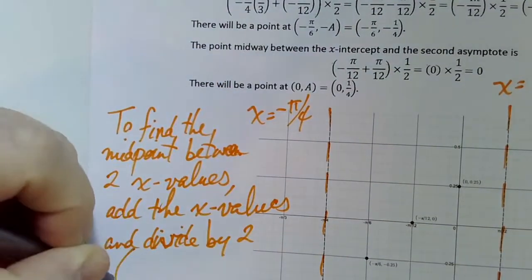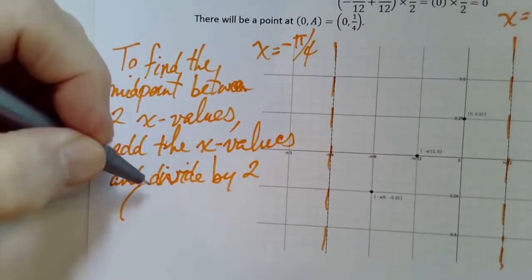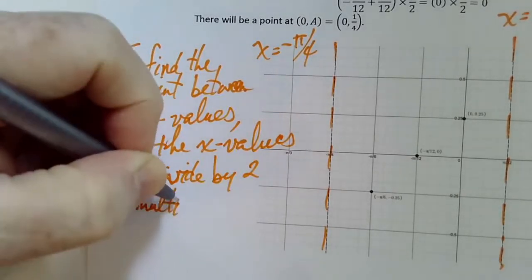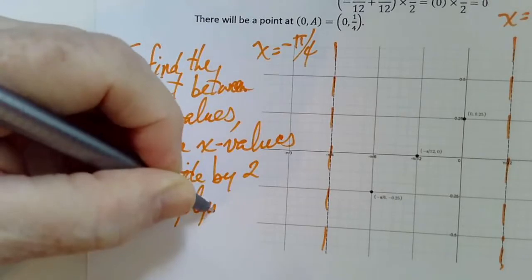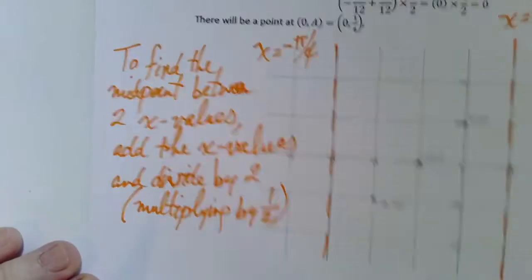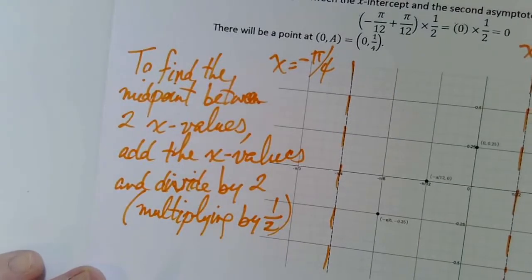And I'm going to remember that dividing by 2 is the same as multiplying by 1/2. And that's what we're going to do. We're going to multiply by 1/2.